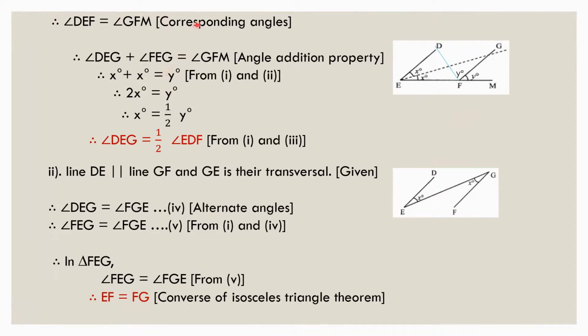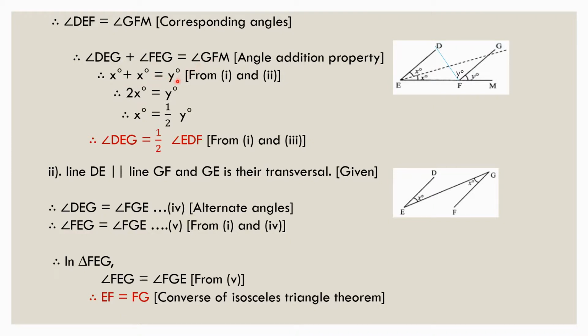In this figure, angle DEF is equal to angle DEG plus angle FEG by the angle addition property. Therefore, angle DEG plus angle FEG is equal to angle GFM. Angle DEG and angle FEG are x degrees. Therefore, x plus x is equal to y, since angle GFM is equal to y.